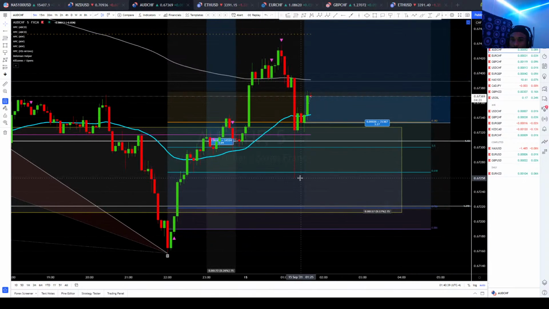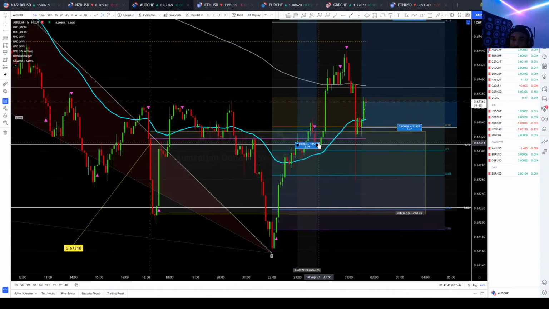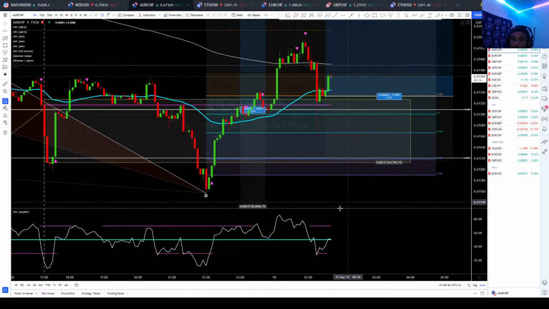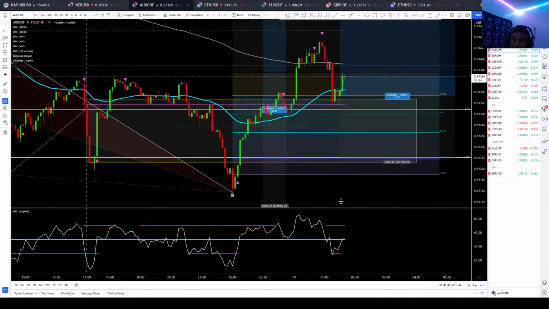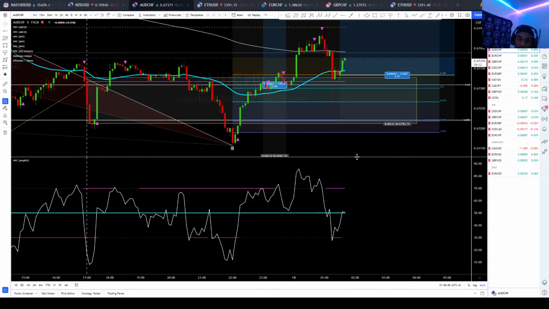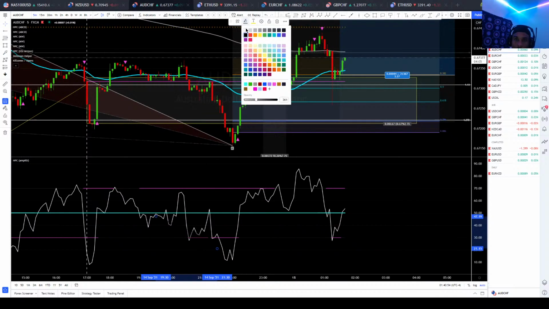So now pretty much what I want to see is that I respect this trend. And there's other things that we can use as well. If you see on the bottom, we have the amplified RSI, meaning that price is ranging up and down.